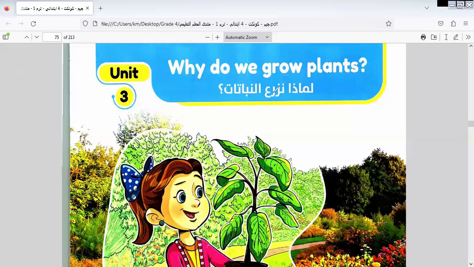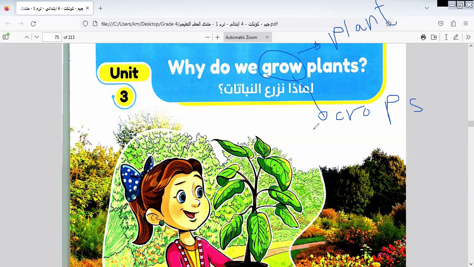I think we took this verb before, and we know grow and its meaning with plants. We use grow with plants, and we use another verb, raise, with animals. Sorry, I have a mistake here.